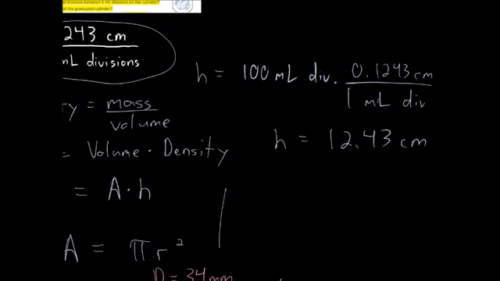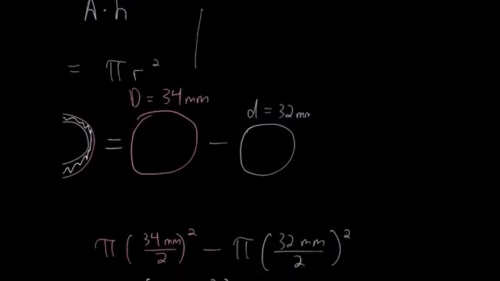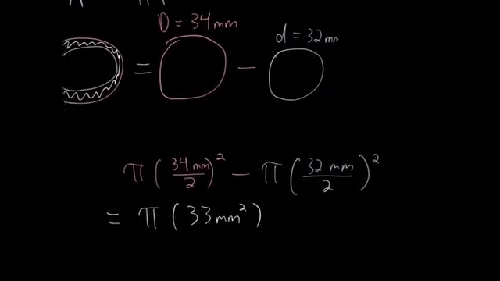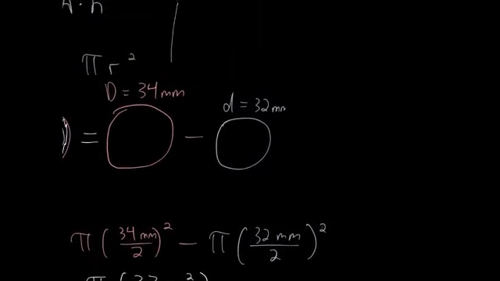Okay, so using our height now and our area, we can solve for the volume and then the mass, plugging in the values. Using those two values, the height equals 12.43 centimeters and the area equals pi times 33 millimeters squared.